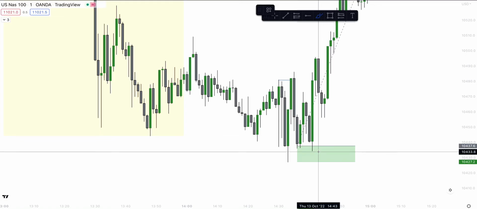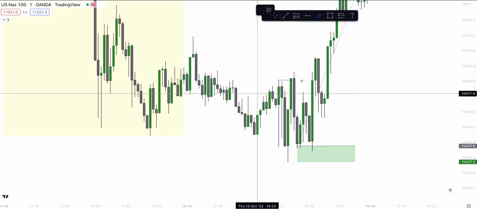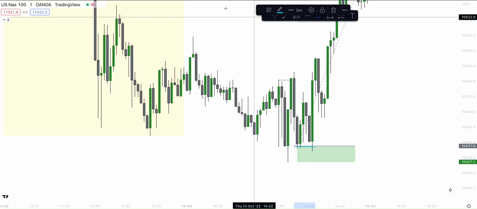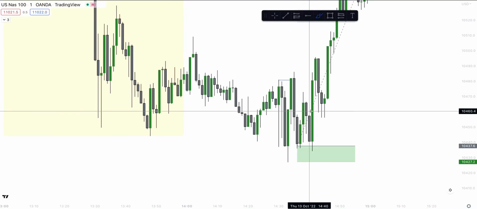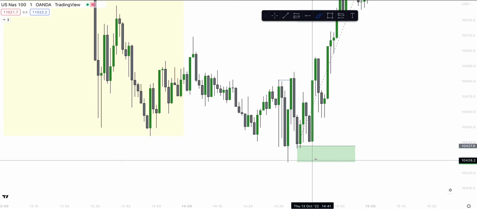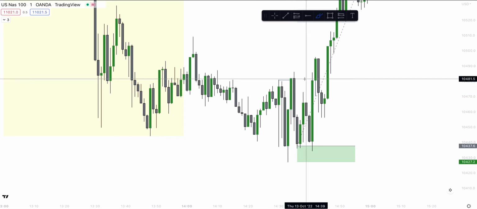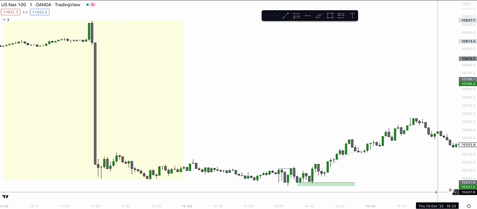We know it is, but when this extreme news comes down, we know with NAS it can just melt in one direction. So once we got into this position, you can see on screen how we managed it. We actually moved our SL pretty quickly and went to BE pretty quickly, and then continued the whole position up. Which actually shot up pretty fast.